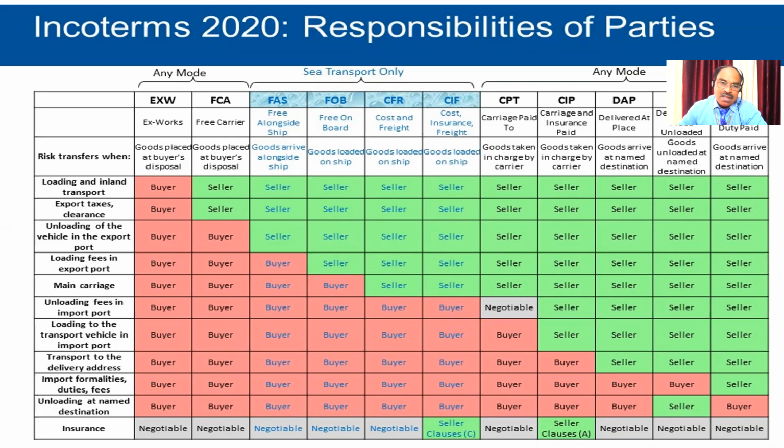Most probably, if it is ex works, all these things are taken over by the buyer. Same thing, the main carriage, you can see that one. This is how this chart will tell you clearly the responsibilities of the parties. Usually the sea transport, FAS, FOB, CFR, and CIF will be taken over by the freight forwarding agents. In our example, Vijay Krishna will take over the sea transport. That is why they appoint the freight forwarding agents.